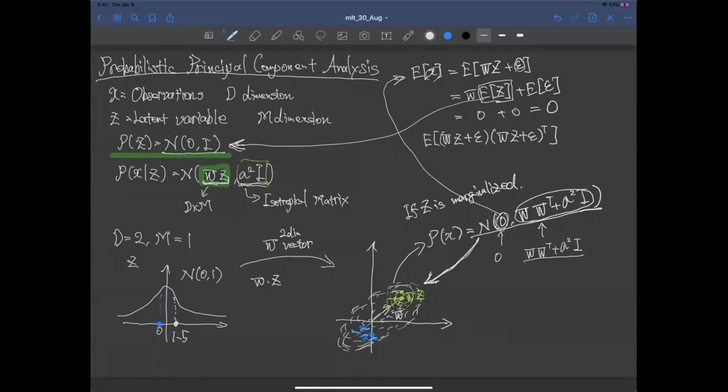I hope you remember how covariance is computed. So this is just a little bit of a preview. Let's say X is the probability variable. Then covariance can be computed.